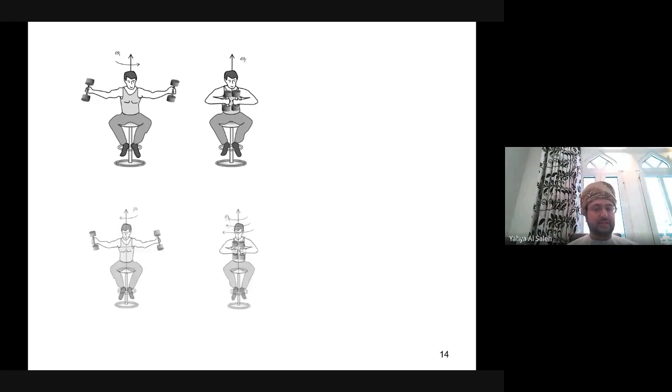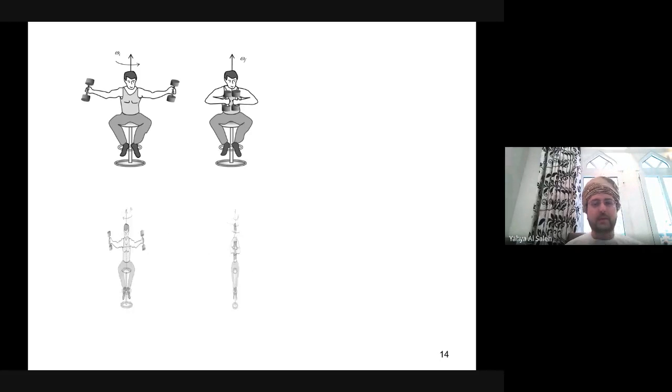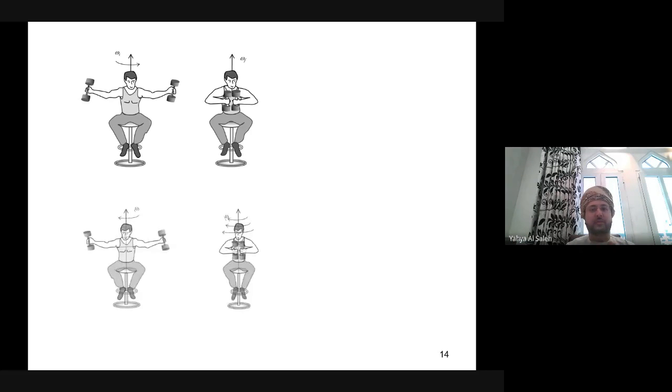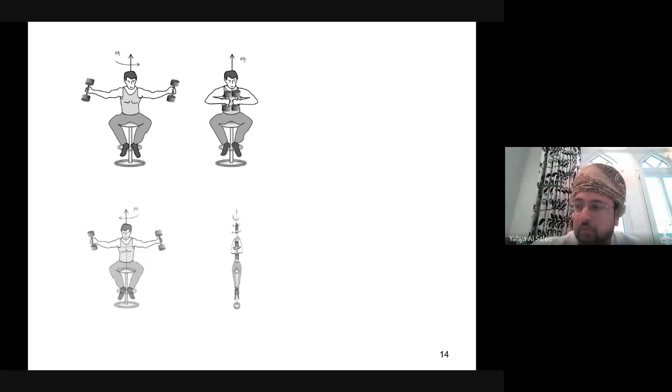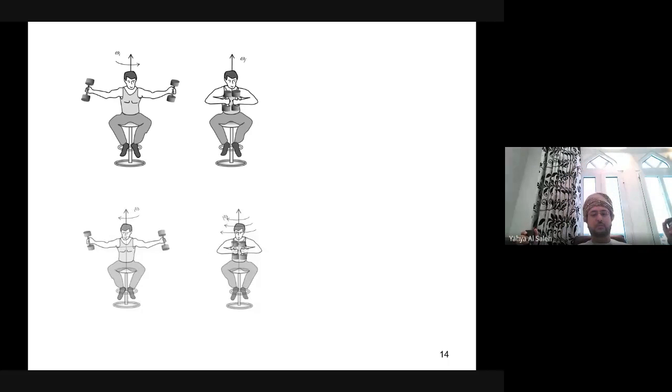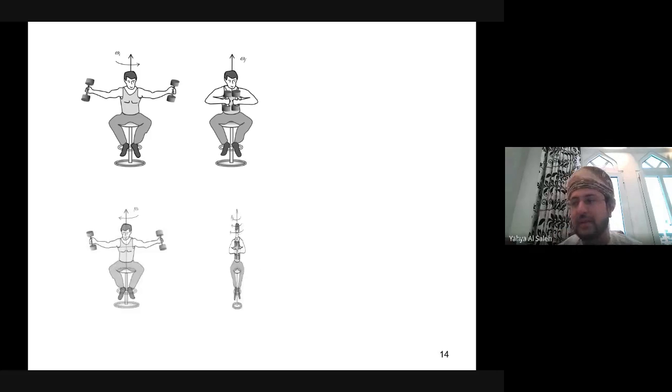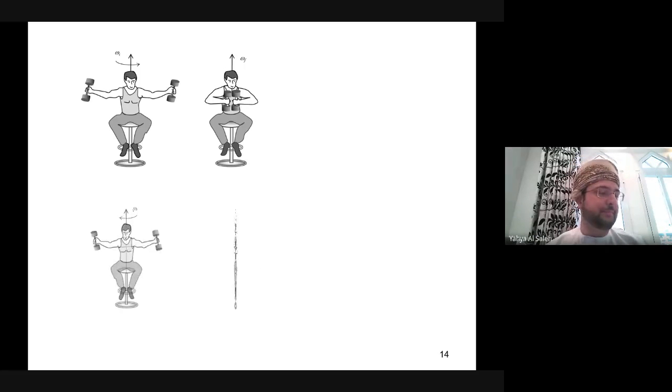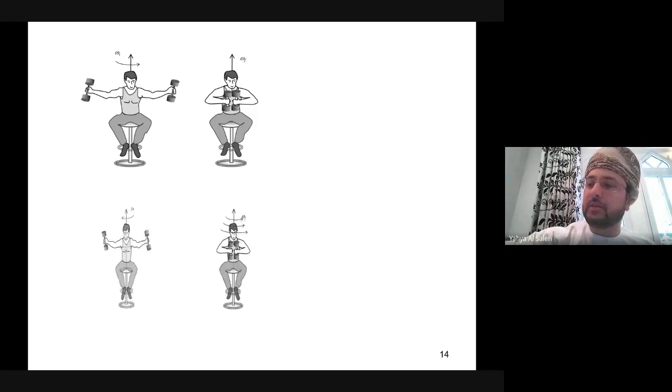He doesn't move his legs. He just moves the dumbbells in. So the guy was rotating like this, and then he brought them in, and suddenly the speed of the rotation increases greatly.